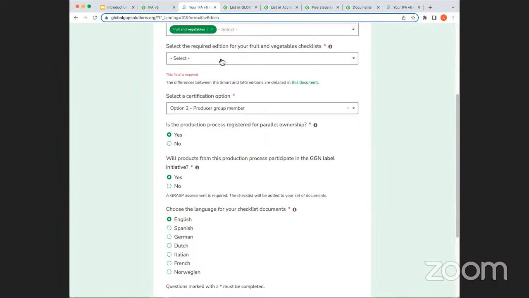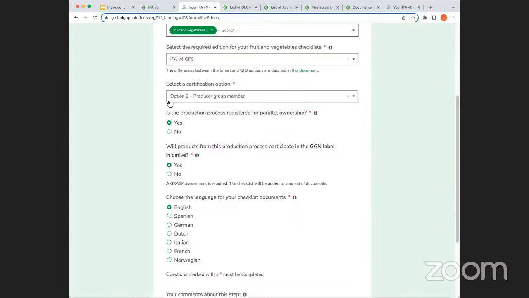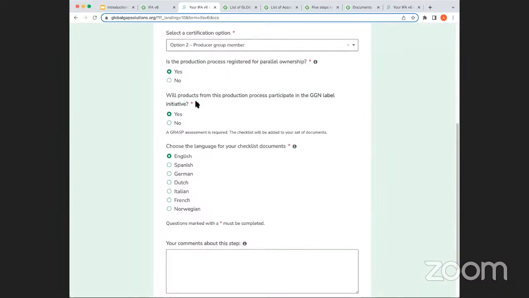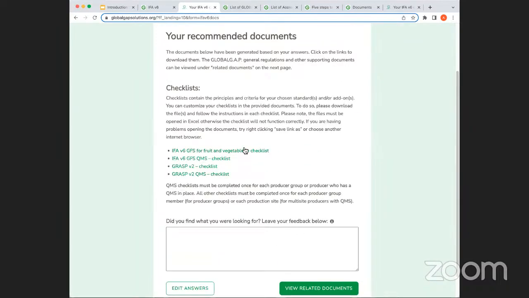Oh, we're missing something. Oh yeah, which standard do you want to align to? So V6, I'll pick GFS. I click view documents. And basically it takes me to this page where these are Excel documents.